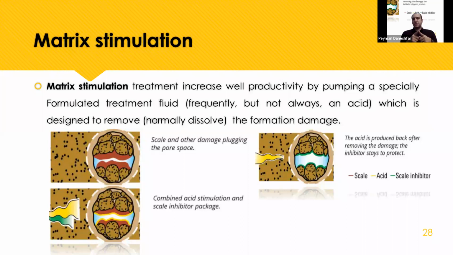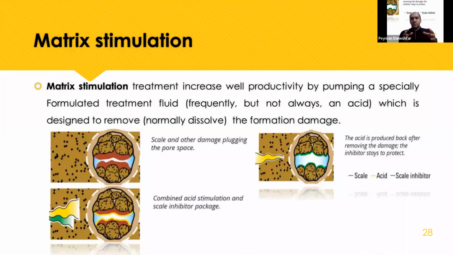As you can see in the picture, maybe we have formation damage such as scale. When we have a scale, we should use a scale inhibitor. And when we have plugging of the pore spaces, we use acid to clean and remove them.